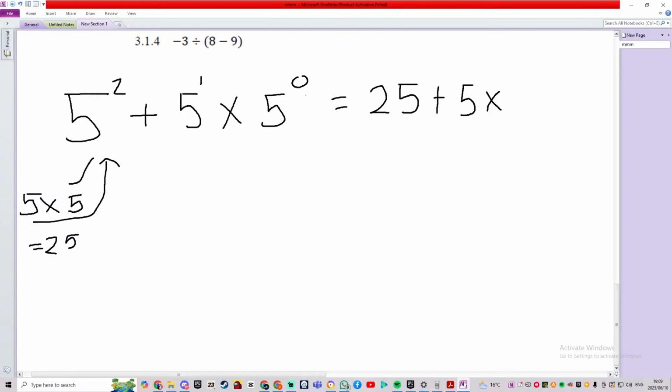I know you know it. 5? No. Try again. Think about your assignment that you did with the exponents. Whenever something has to the power of 0.